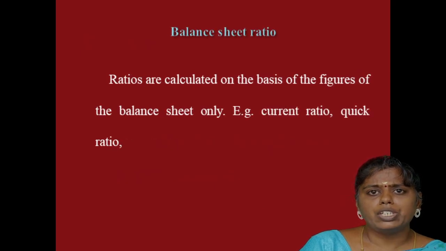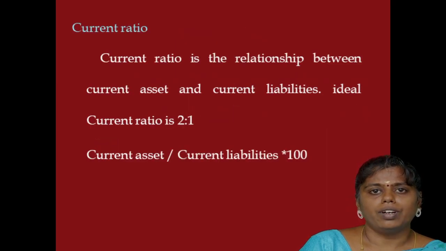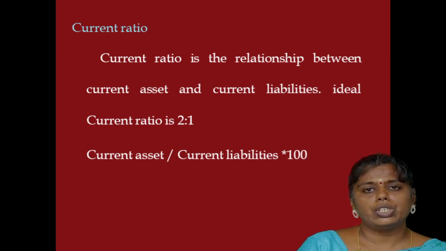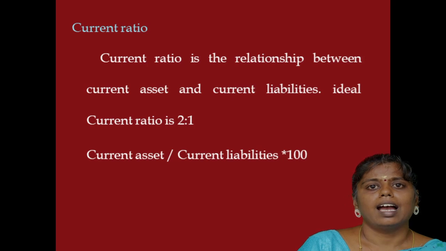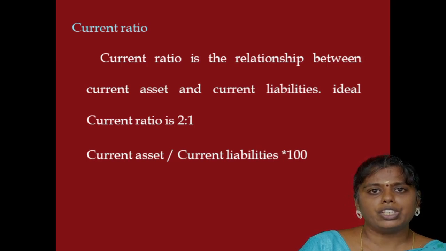Next, the balance sheet ratio. These ratios are classified on the balance sheet only. They include the current ratio and quick ratio. First of all, what do you mean by the current ratio? The relationship of current asset and current liability is termed the current ratio.